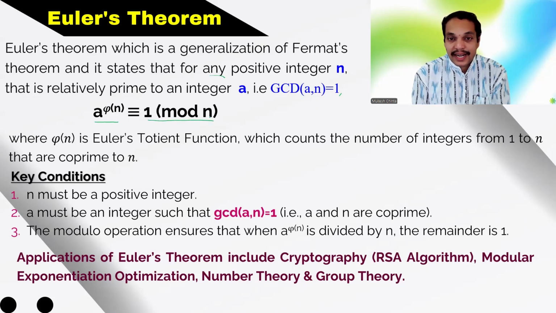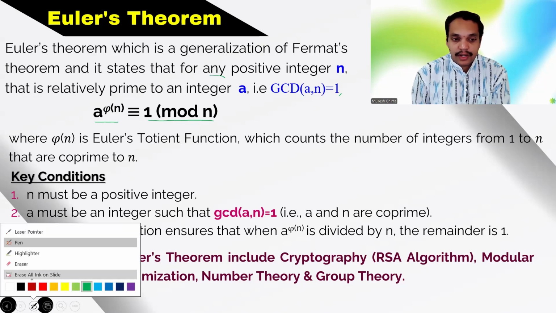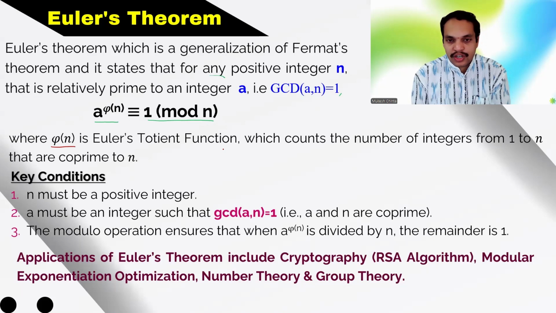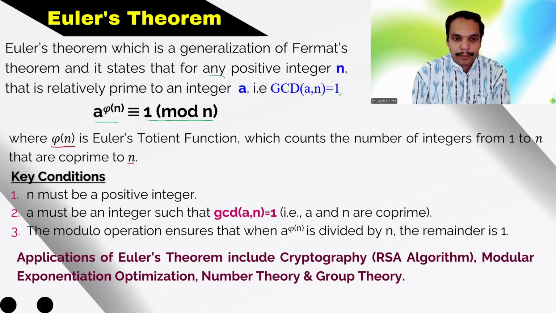Please remember that this is a generalization of Fermat's little theorem that we studied earlier, where psi of n is the Euler's Totient function, which counts the number of integers from 1 to n that are co-prime to n.